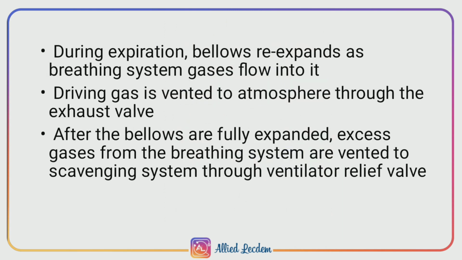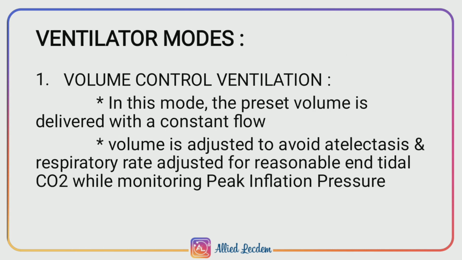During expiration, the bellows will re-expand as the breathing system gas flows into it, and the driving gas is vented to the atmosphere through the exhaust valve. After the bellows are fully expanded, excess gases from the breathing system are vented to the scavenging system through the ventilator relief valve. Now we will see about the ventilator modes.